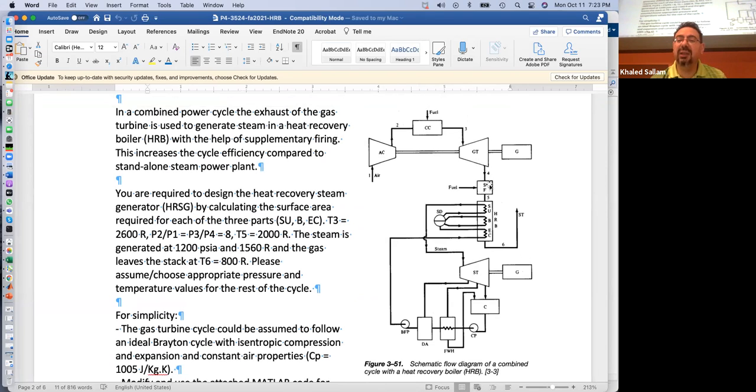And if there is Q added here, you also add it. That would be the combined cycle. And the efficiency of the gas turbine by itself would be this work over this Q. So gas turbine by itself is more or less 30% efficient. Steam by itself is like 40. You put the two of them together and you go to 65.